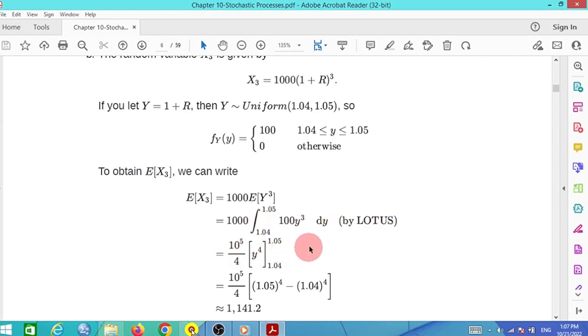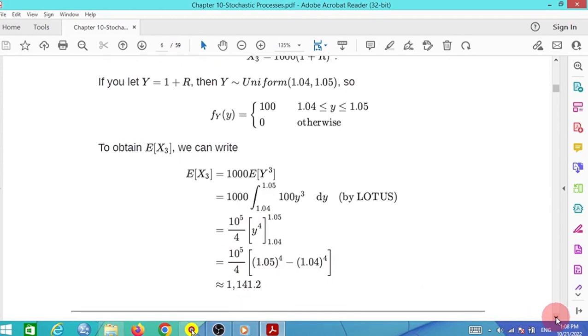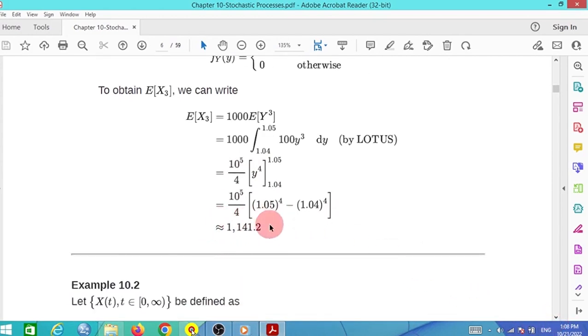Take this integral and replace the value, and after 3 years the expected value of your money reaches this value.